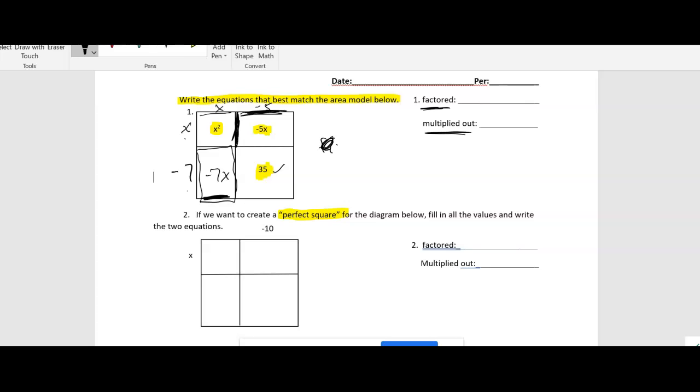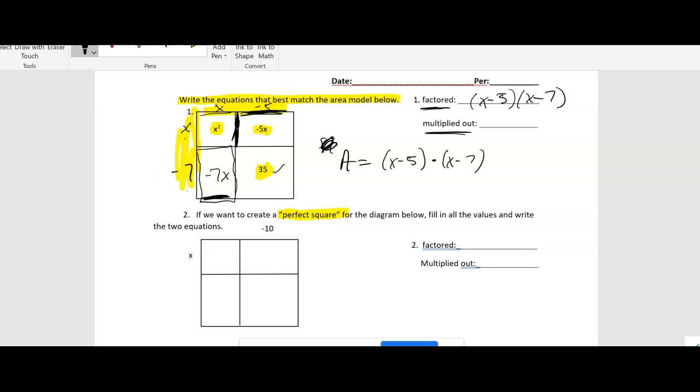So we could say that our area here is this length, the x minus a 5, multiplied by this width or height right here, the x minus a 7. That's what I'm referencing when I say the factored version. So x minus 5 times x minus 7.